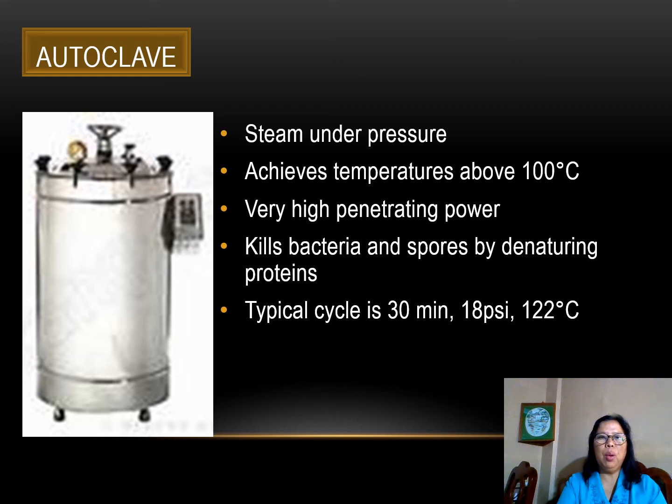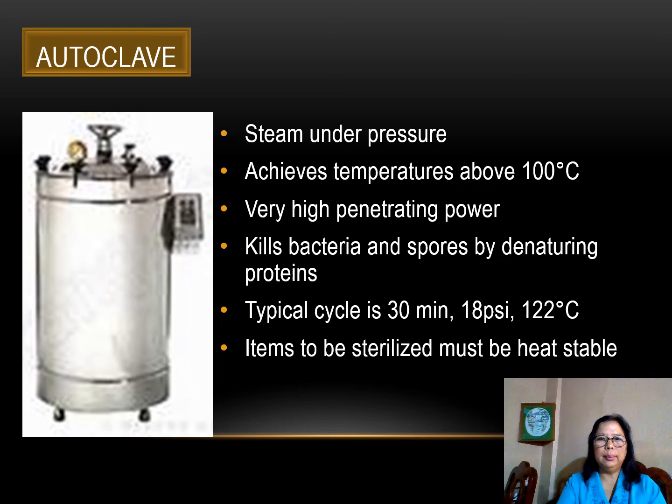Typical cycle for autoclaving is 30 minutes at 1 atm or 18 psi at 122 degrees centigrade. That is the capacity of our autoclave in UNP lab. The items to be sterilized must be heat stable.